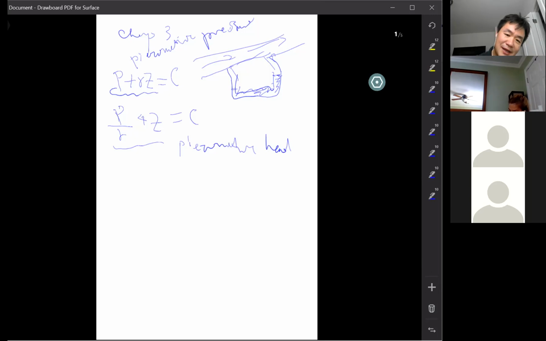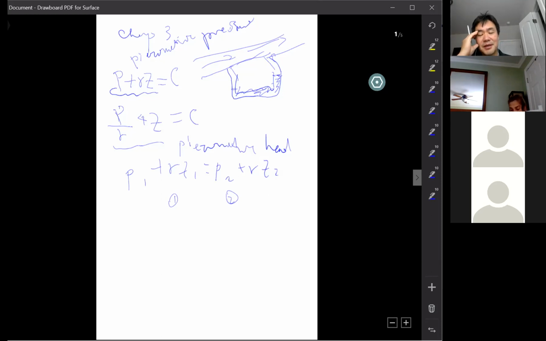So you can always write the equation: P1 plus gamma Z1 equals P2 plus gamma Z2, if you correctly marked on the drawing where is 1, where is 2. So that equation is valid. Or use the head form: P1 over gamma plus Z1 equals P2 over gamma plus Z2.